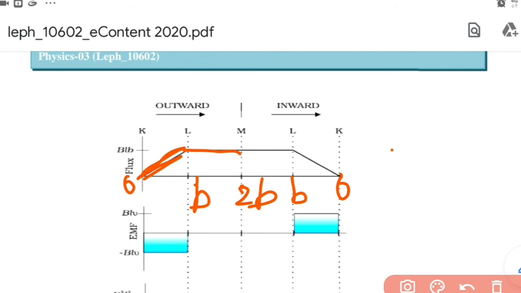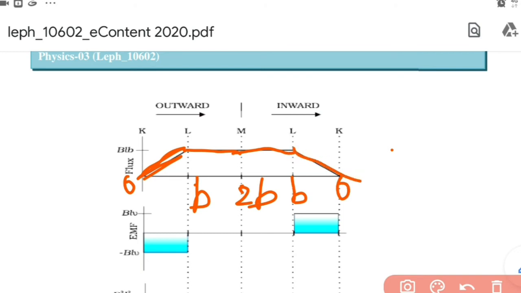For the backward motion, from 2b to b, the flux remains the same, BLb. Then again the flux becomes BLx, and this time x is decreasing, so the graph has a negative slope like this.